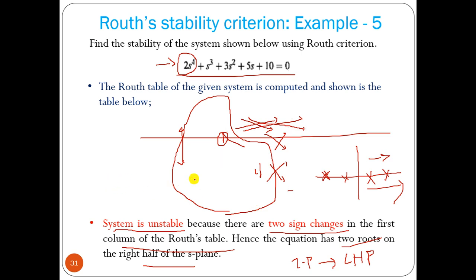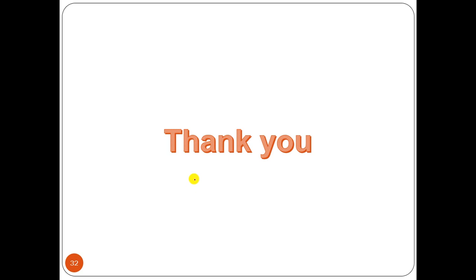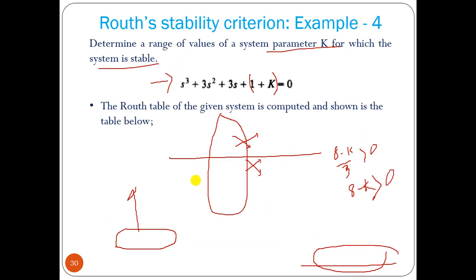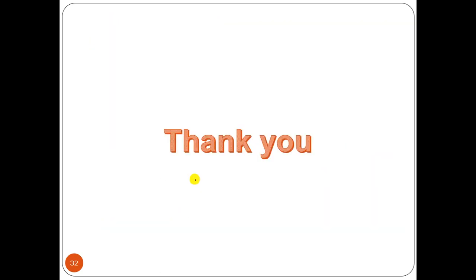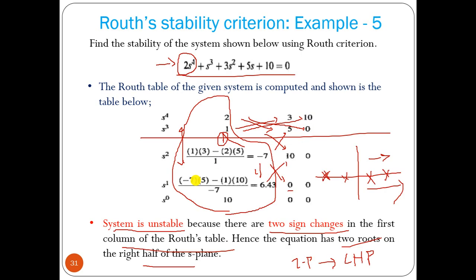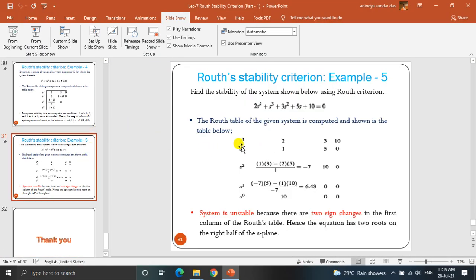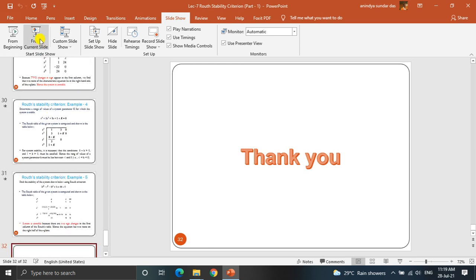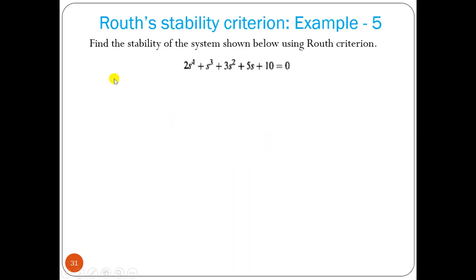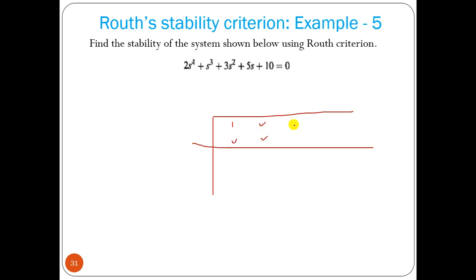What may happen is that during construction of the Routh table, suppose in the first two rows we have some values.